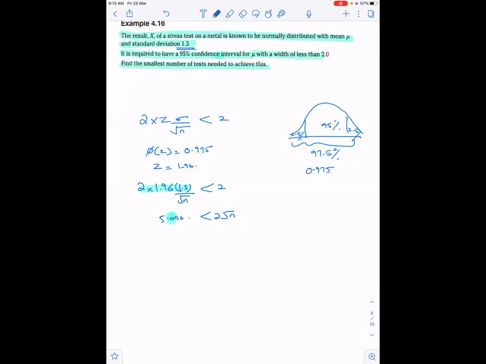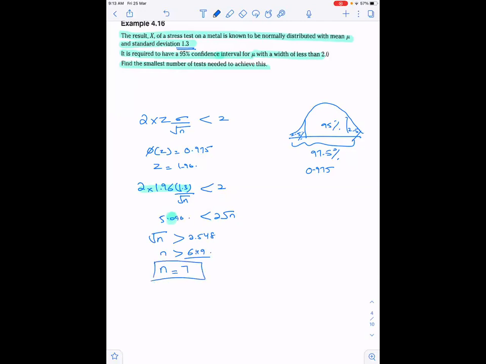Dividing by 2, I get 2.548. So square root of n is greater than 2.548. Squaring both sides, n is greater than 6.49.